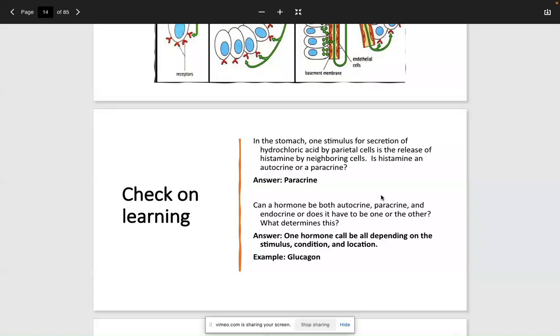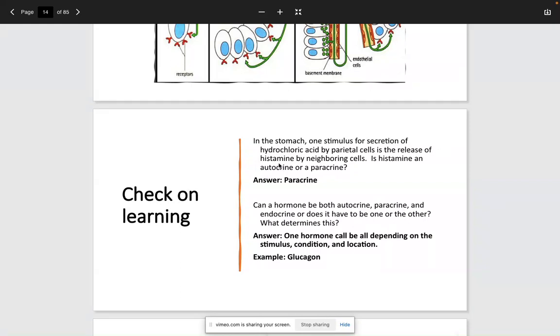So here's an example. And again, the answer is listed, but let's break it down as to why. In the stomach, one stimulus for secretion of hydrochloric acid by the parietal cells is the release of histamine by neighboring cells. Is histamine an autocrine or a paracrine? So what's this question asking? It says one stimulus for secretion of hydrochloric acid by parietal cells is the release of histamine.